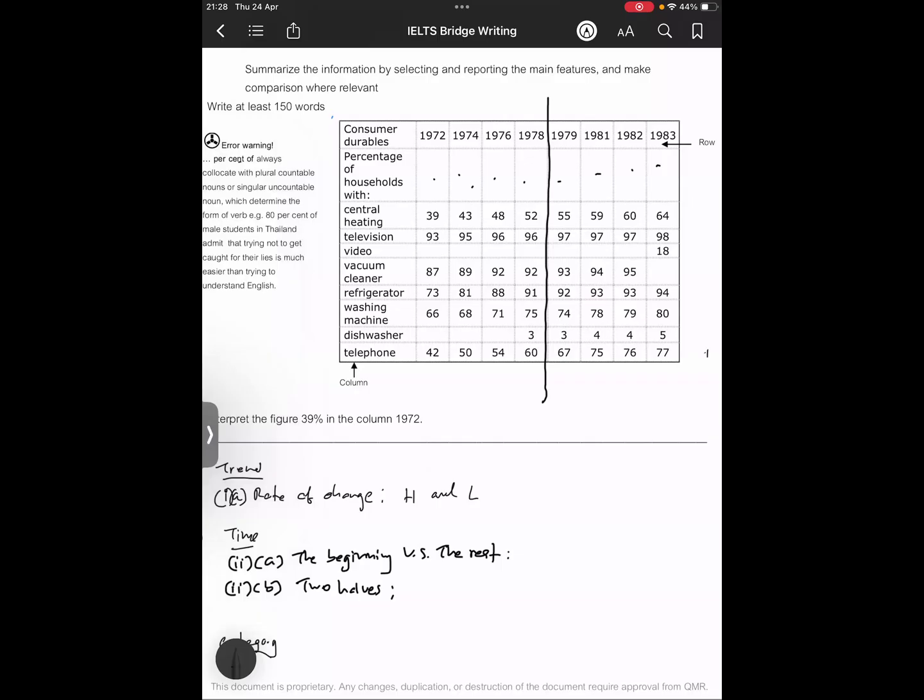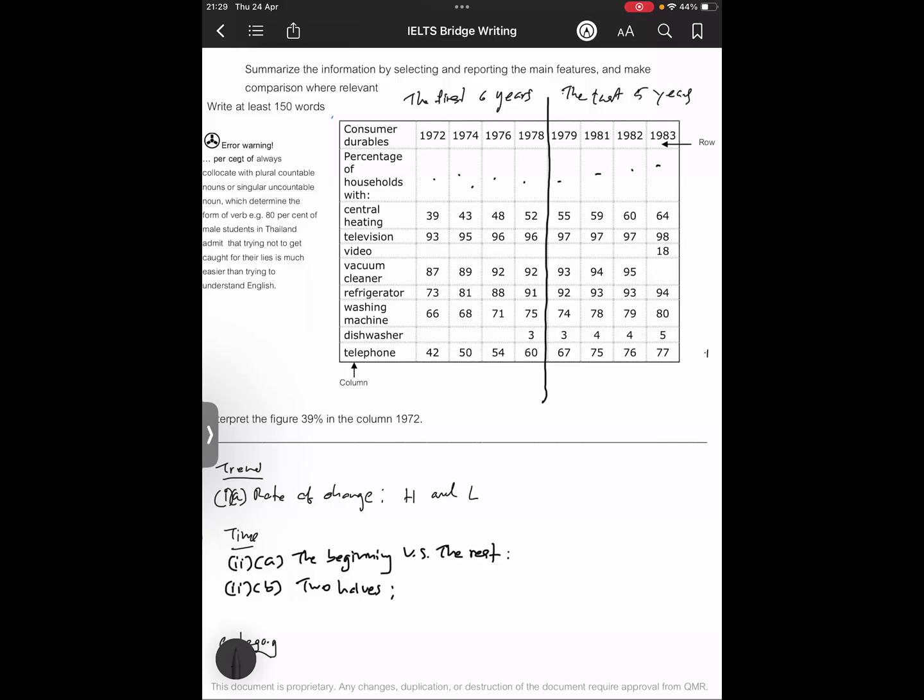Then we're going to try to talk about what happened during the first 6 years. So this is during the first 6 years. Okay. And then what happened during the last 5 years.